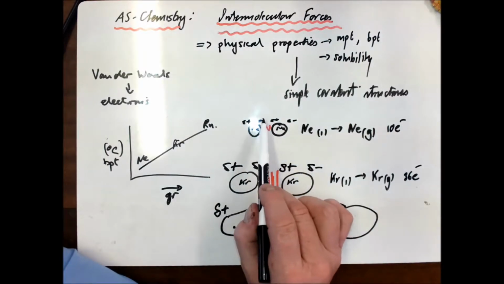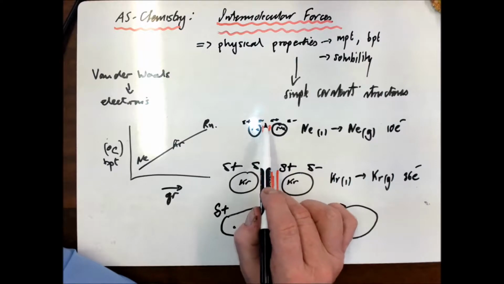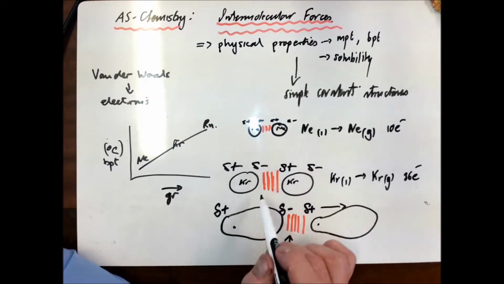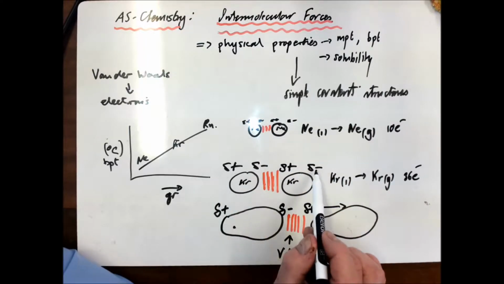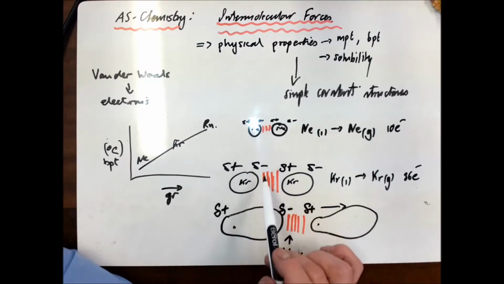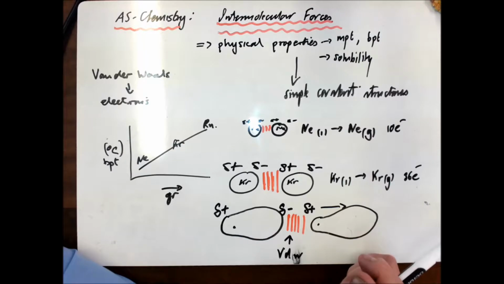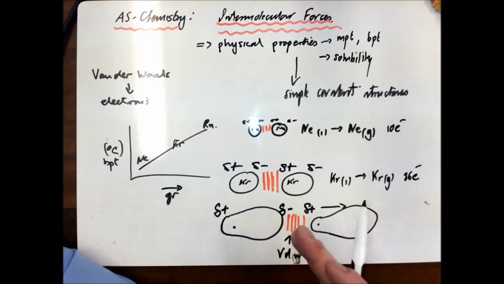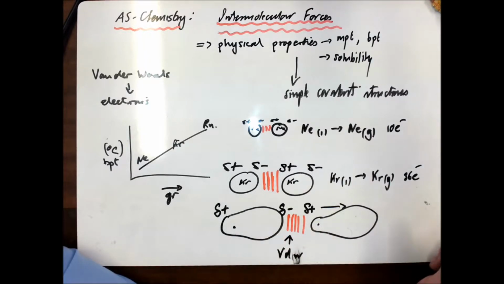So the size of the temporary dipoles here, a dipole meaning a negative end and a positive end, in neon is much smaller than that of krypton. So therefore, as we increase the number of electrons in something, we increase the van der Waals forces, and therefore we increase the amount of energy needed to either melt it or to boil it.